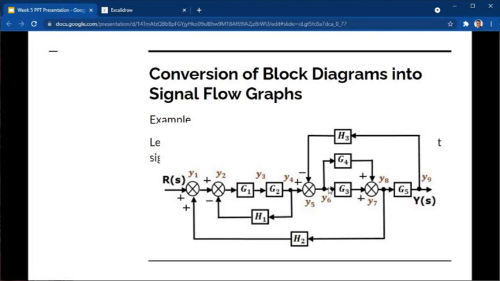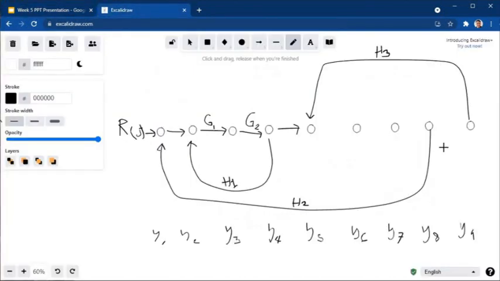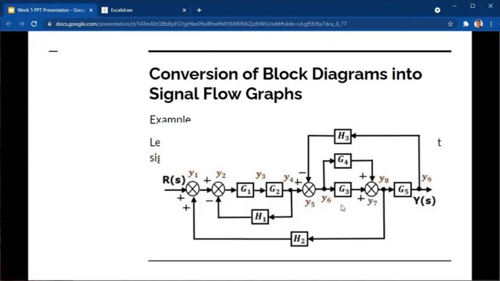Okay, Y sub 6. Y sub 6 is beside a summing point, again as stated in the direction. So the signal is from Y sub 5 with a gain of 1. Next, we have Y sub 7. We have two signals incoming to y sub 7.